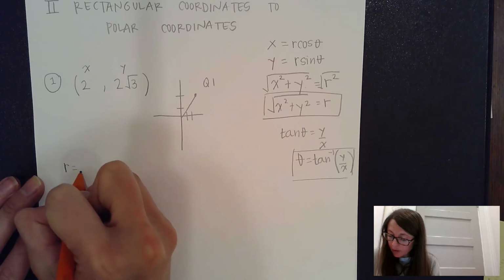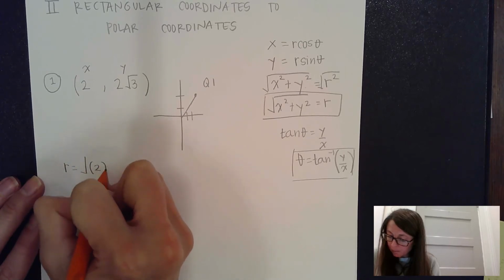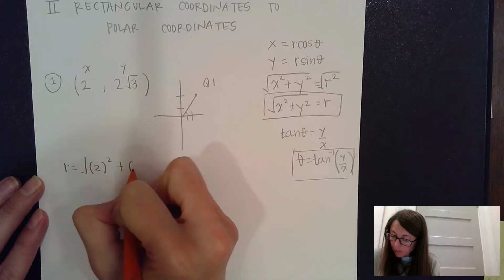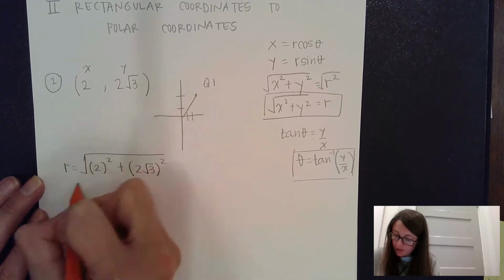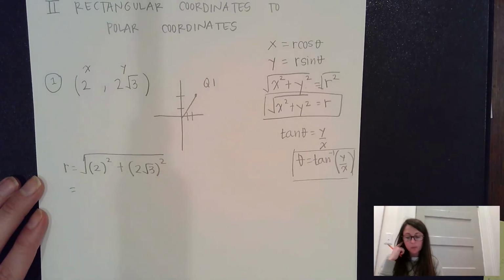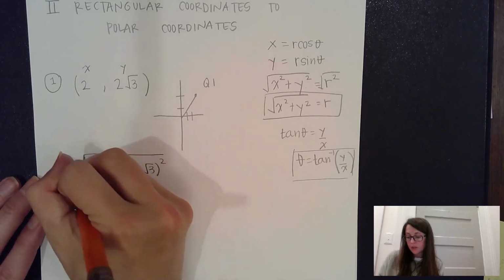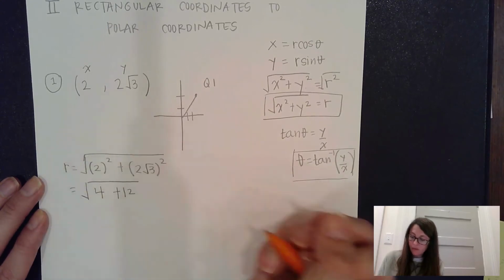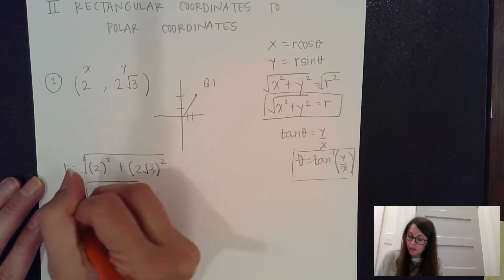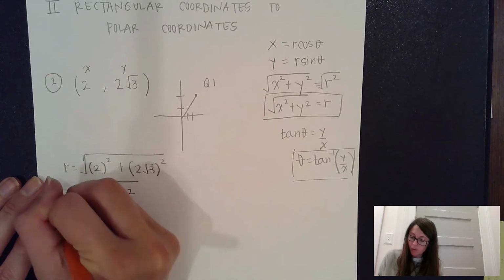So to find my r, I will say 2 squared plus 2 square roots of 3 squared, and then I'll take the square root of that. So what's that, 4 times a 3, so that's 4 plus a 12, right? And then that's a 16, so square root of 16 is a 4.